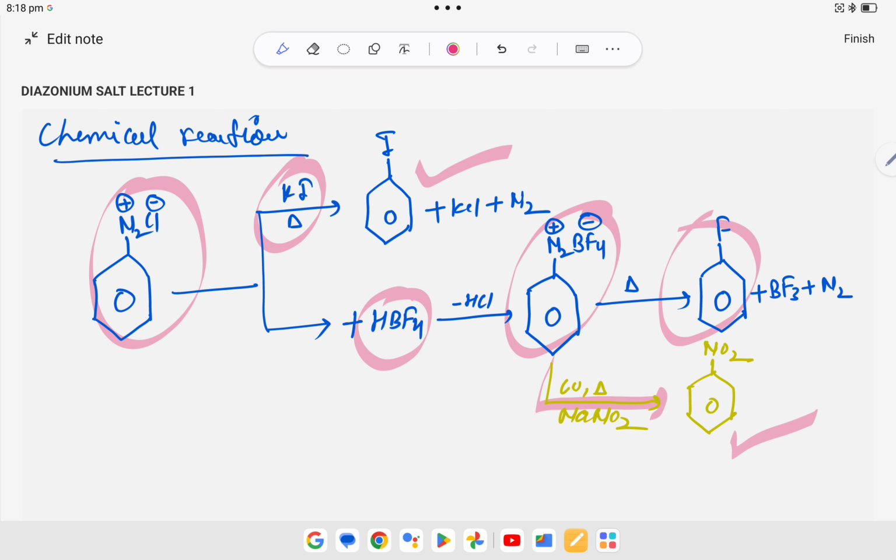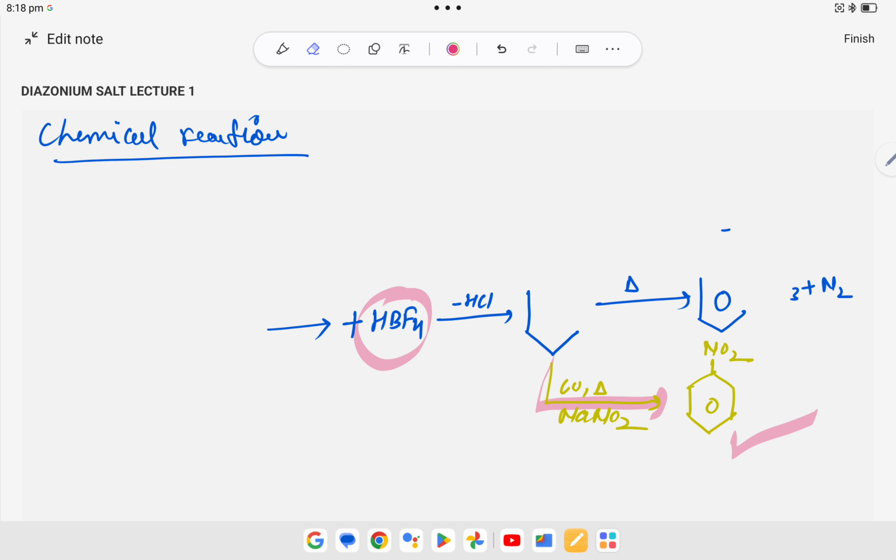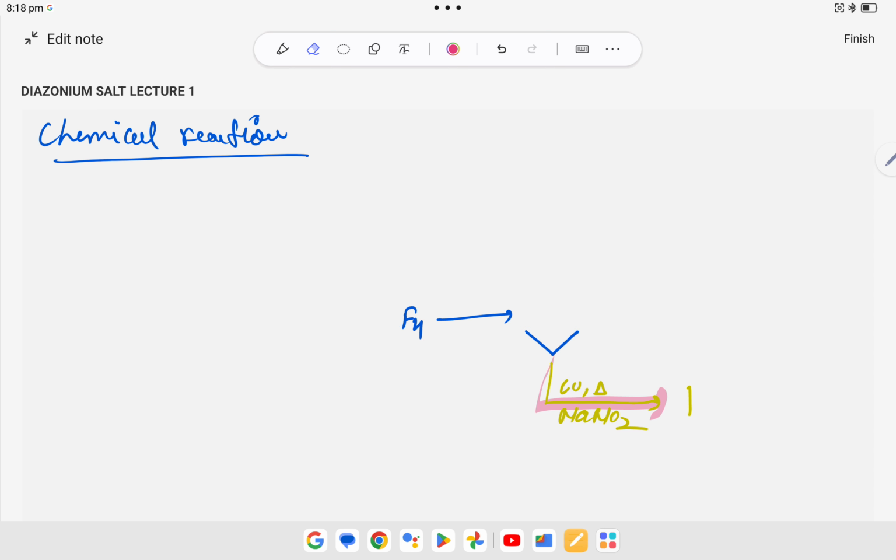So almost all reactions are completed. How to form benzene from diazonium chloride? That we have to check. So how is it formed? Check it, children.